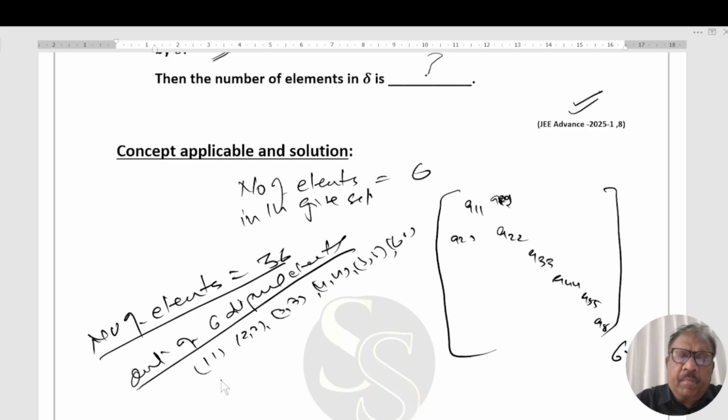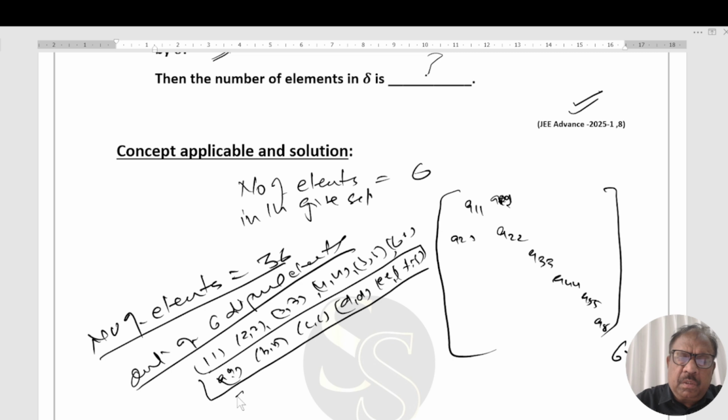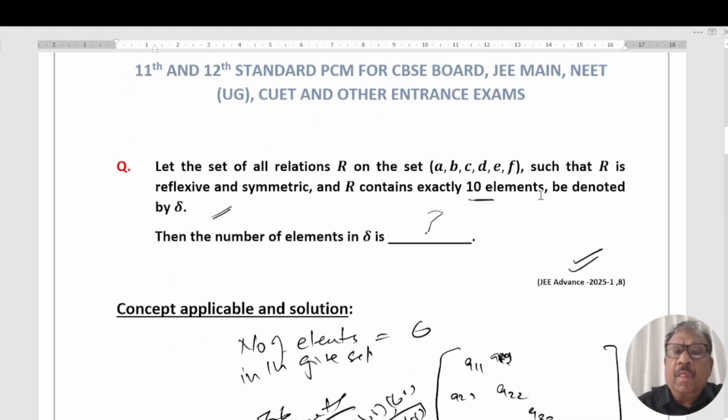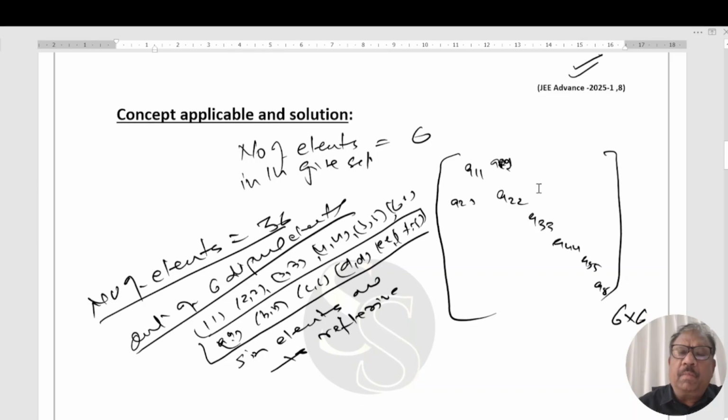That is aa, bb, cc, dd, ee, ff. 6 elements are for reflexive.